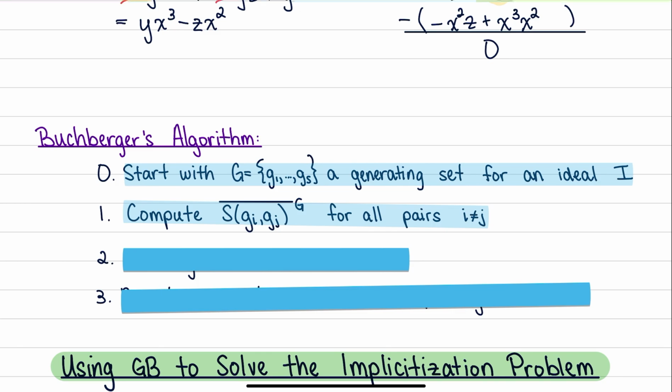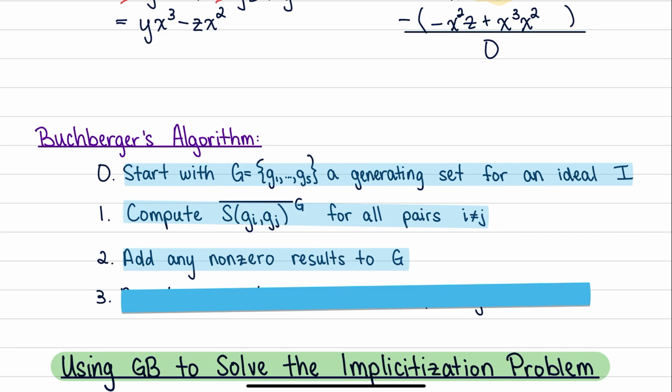We compute all of these S polynomials and do the division, see what remainder we get. That's what this notation means. If we get any non-zero results, then we did not have a Gröbner basis. Buchberger's criterion has failed. That was an if and only if. So if I got non-zeros, no way that was a Gröbner basis.